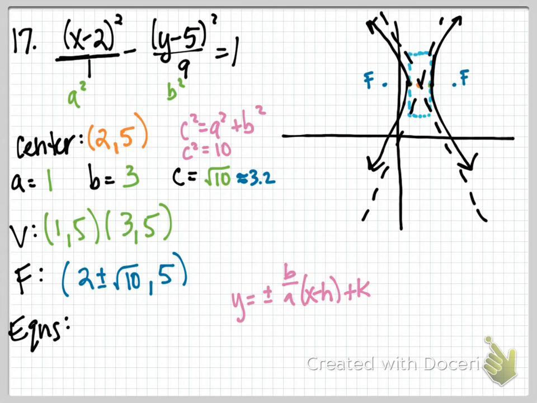So we have y equals plus or minus b is 3, a is 1, so 3 over 1, which is just 3, parentheses, x minus 2, close parentheses, and then remember it's not minus 5, it's plus 5. Oops, sorry. I wrote k instead of 5, so plus 5. And those are the equations of your asymptotes, and you're done.